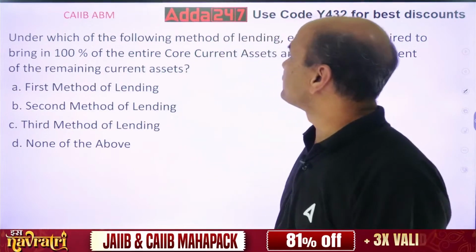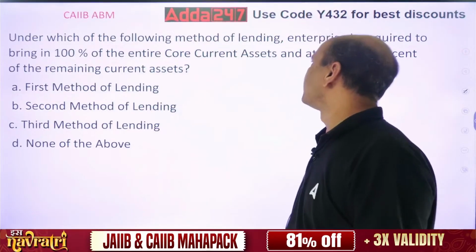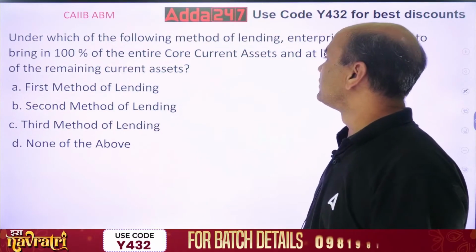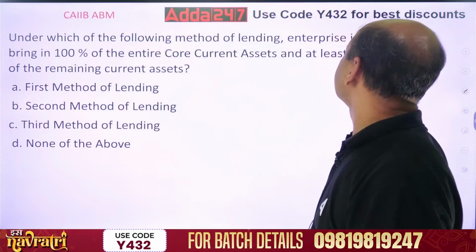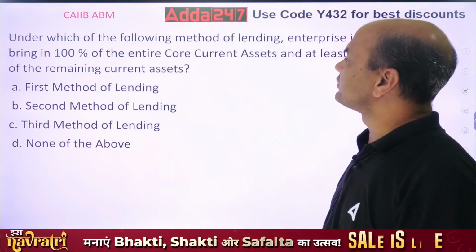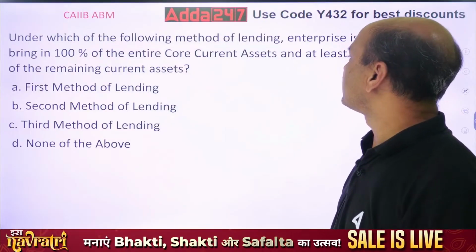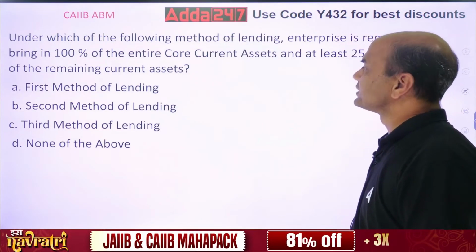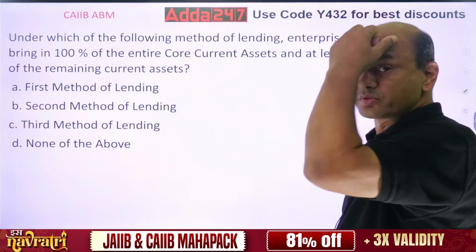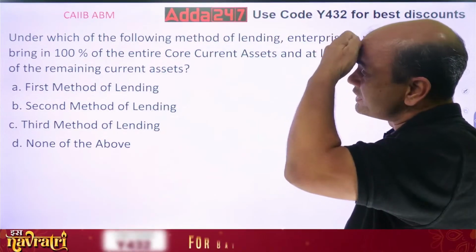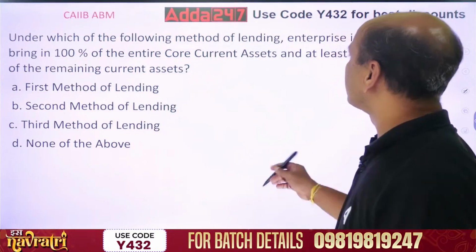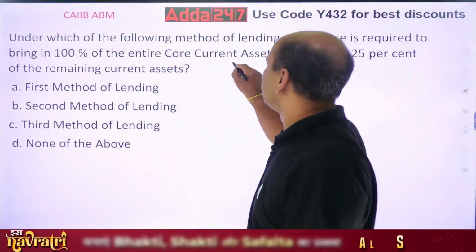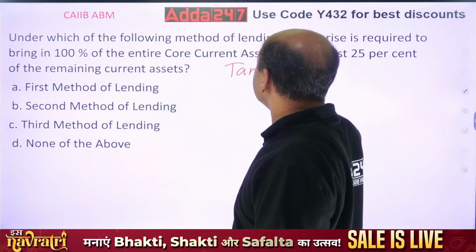Under which of the following methods of lending, now we'll do module C. Under which of the following methods of lending is the enterprise required to bring 100% of the entire core current assets and at least 25% of the remaining current assets? So which method? First method of lending, second method of lending, third method of lending. Now here we are talking of Tandon committee method.